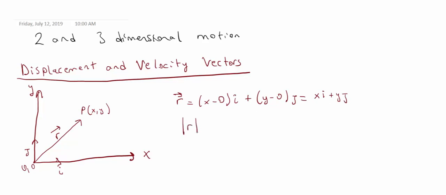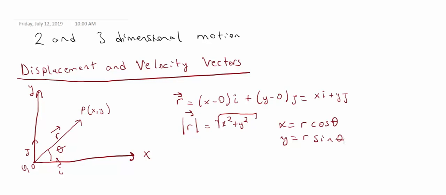And the value of r should be like this, root of x squared plus y squared. So x is equal to, as we know, r times cosine theta. Theta is this angle. And y is equal to r times sine theta.